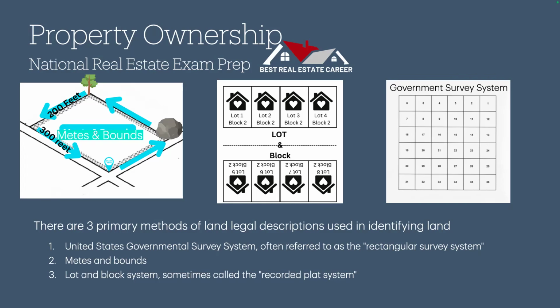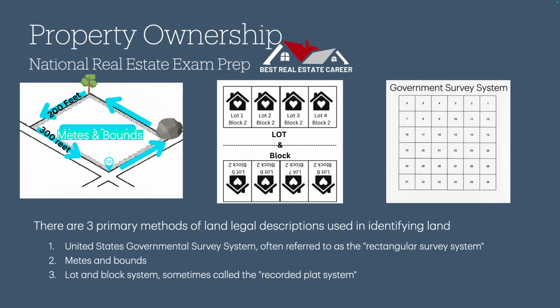The other one is metes and bounds, on the far left, where you can see the photo, and we're going to dive into that a little bit. In the middle, we have lot and block, which they might also call your recorded plat system. We're going to dive into each one of these three a little bit deeper.